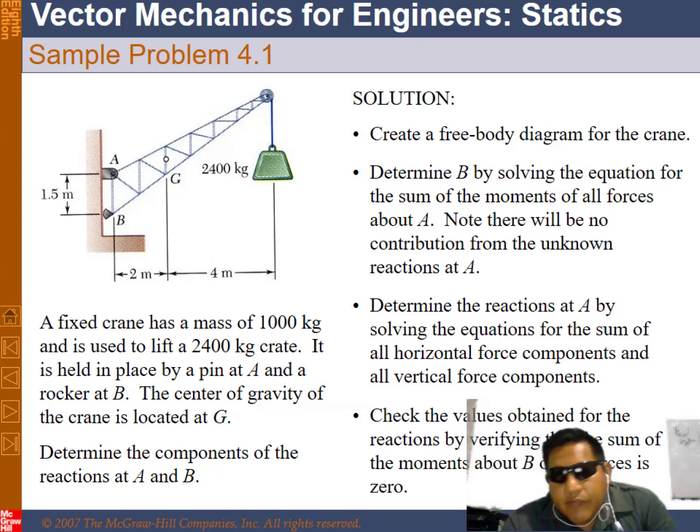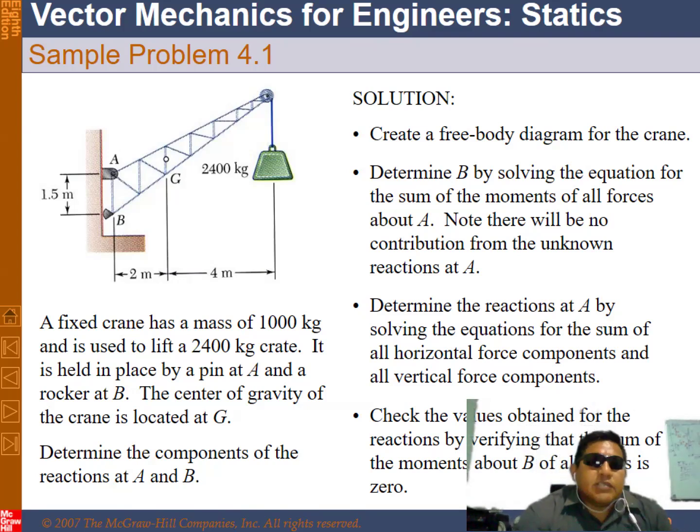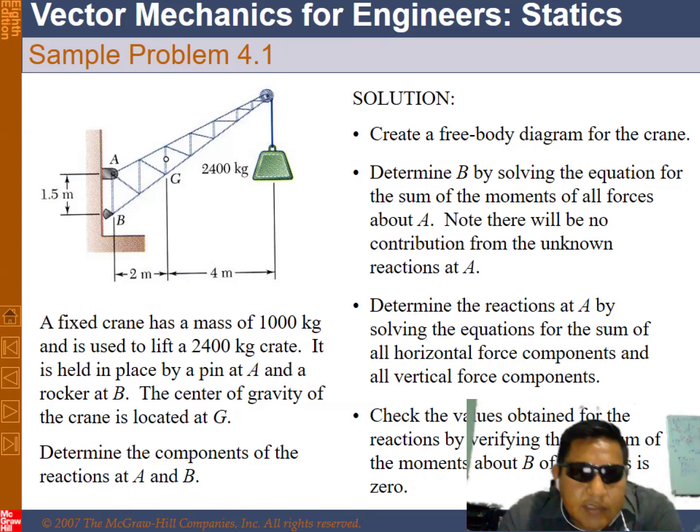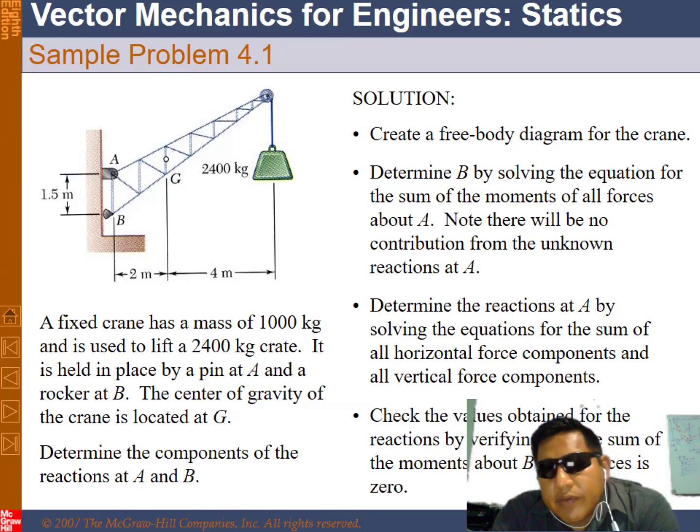A crane has a mass of 2,000 kilograms. It is held in place by a pin at A. The center of gravity of the crane is located at B. Determine the components of the reactions at A and B. Solution.